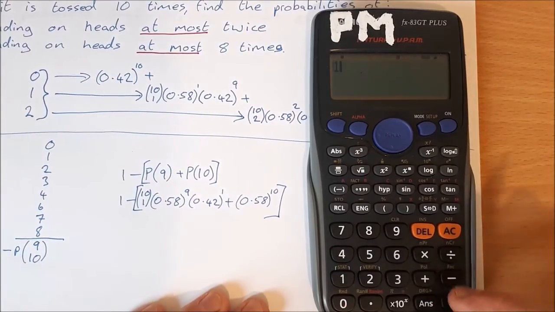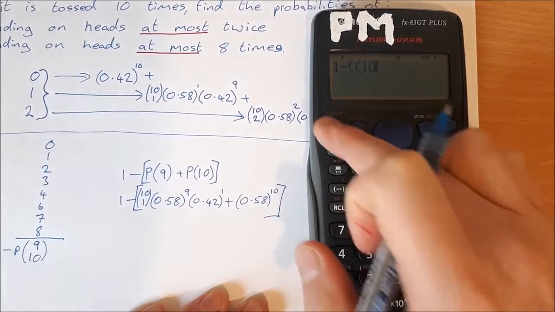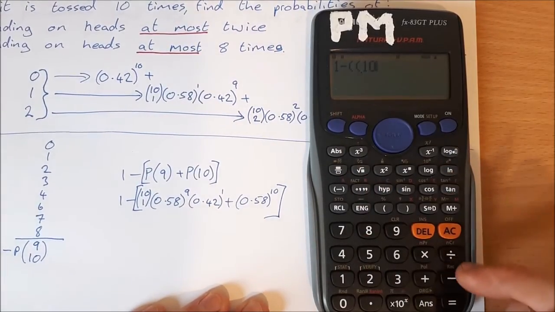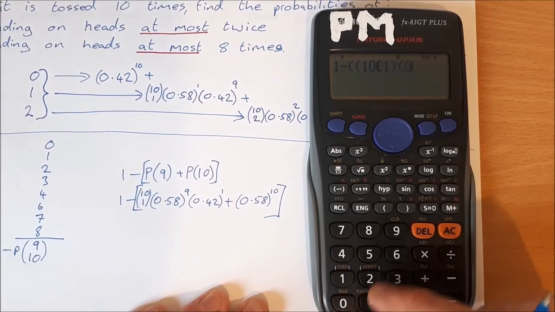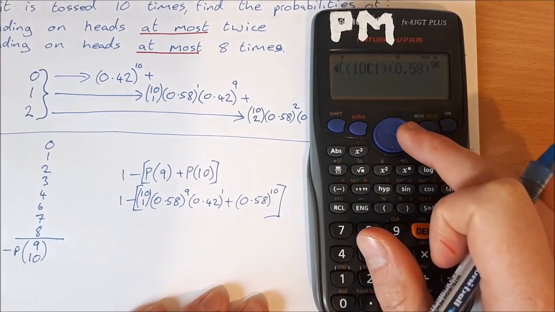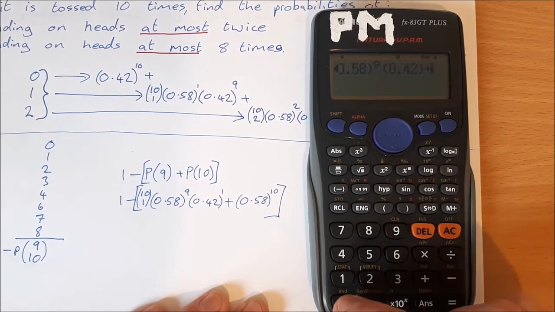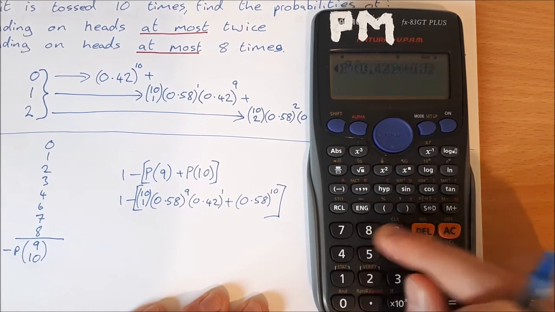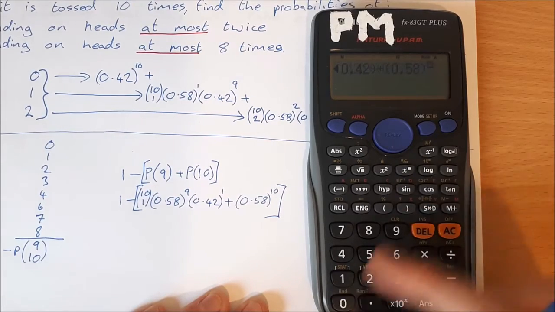So it's 1 minus, open up your bracket, first bracket then, 10 choose 1 times 0.58 to the power of 9 times 0.42, that's just to the power of 1, and plus 0.58 to the power of 10.